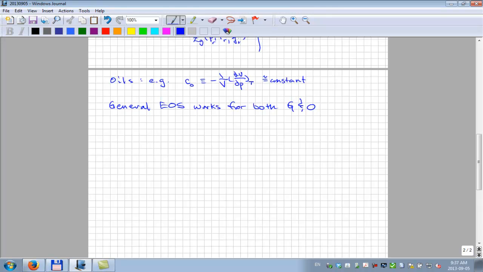One equation that will handle both gas-like behavior, oil-like behavior, and the behavior of the fluid system when you don't know if it's a gas or an oil. Okay? And there's a big chunk of pressure, temperature, space where you don't really know if it's gas or an oil.